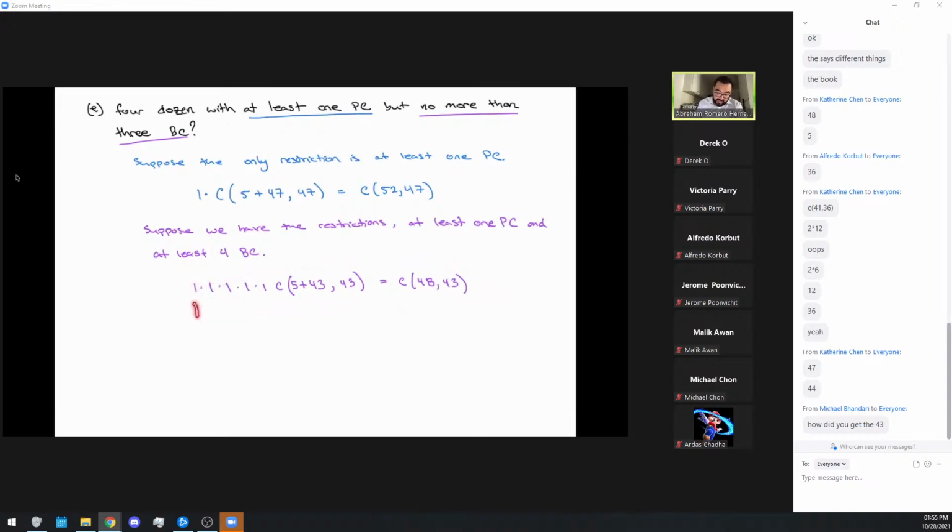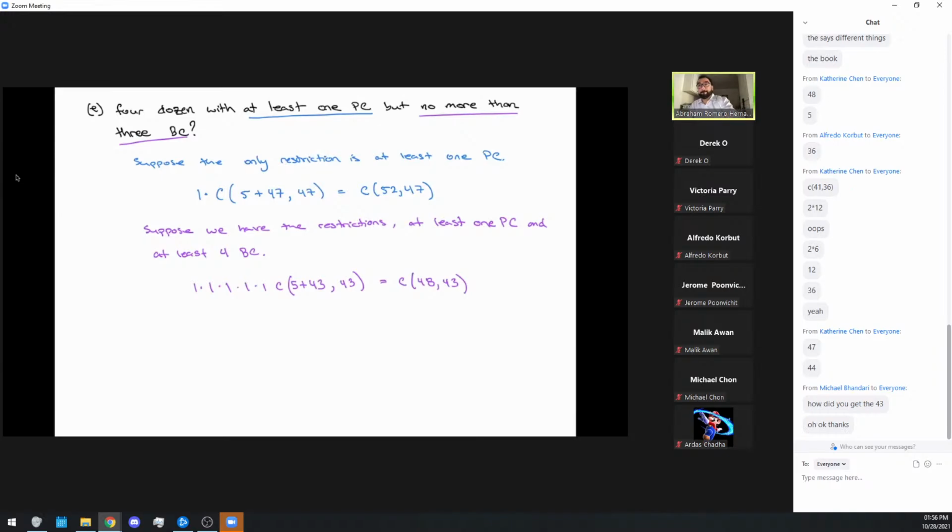So this set is going to contain at least 1 plain croissant, and it's going to contain at least 4 broccoli croissants. So in total, 5 croissants have already been selected. But since I still want 4 dozen, that means I need 43 more croissants to be selected. Does that clear it up for you now?